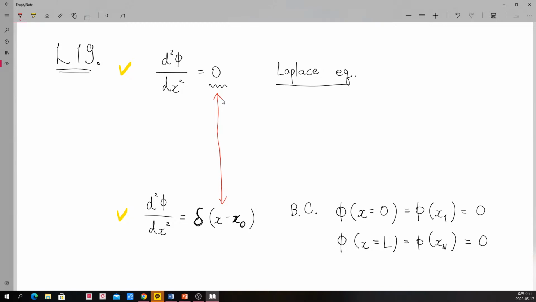Although I have not discussed the physical meaning of this procedure, I just ask you whether you can understand the newly introduced equation, and of course you can think that this can be solvable. So do you have any question about this newly introduced equation and its boundary condition?